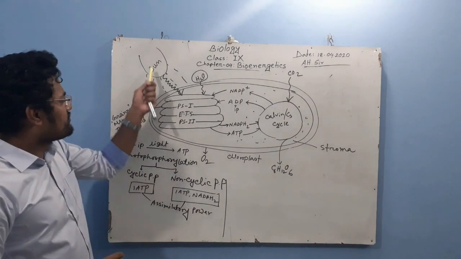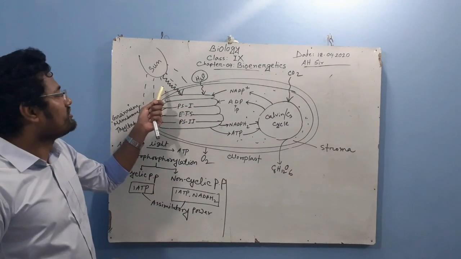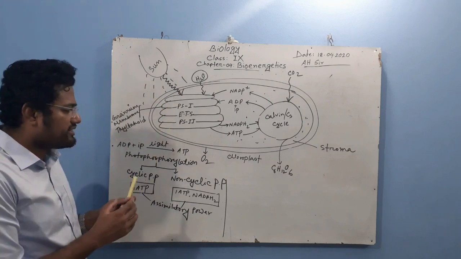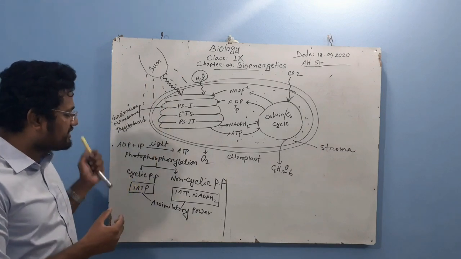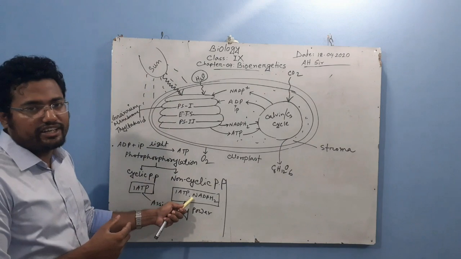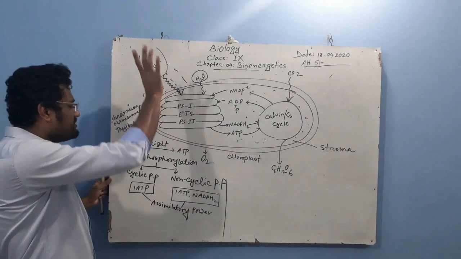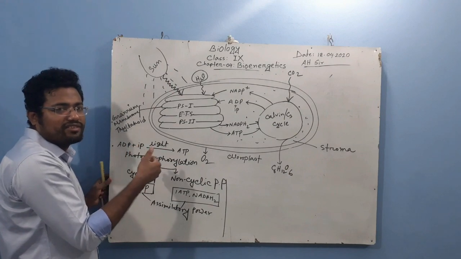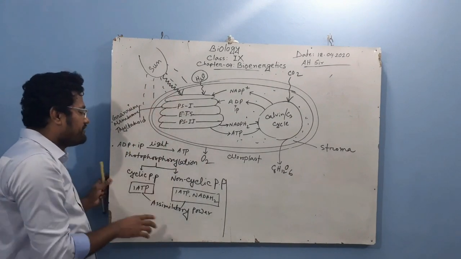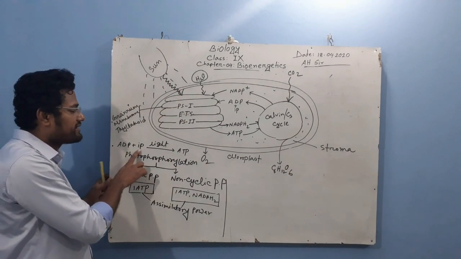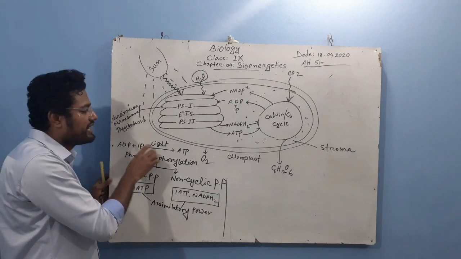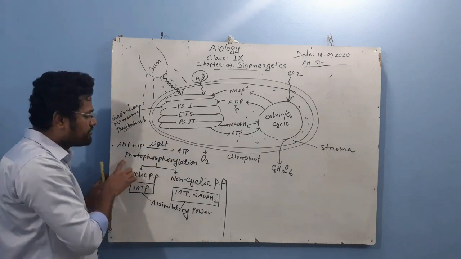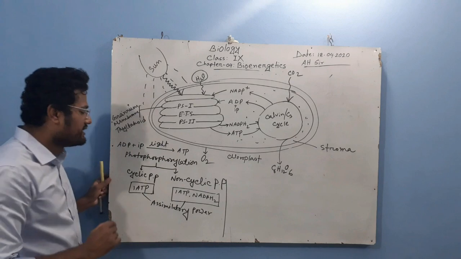The photosystem absorbs solar or photon energy from the sun, and this energy is stored inside ATP and NADPH2. By using this energy, the photophosphorylation reaction is carried out in the light phase. At this time, ADP accepts one IP in the presence of light and creates ATP. This process is called photophosphorylation.